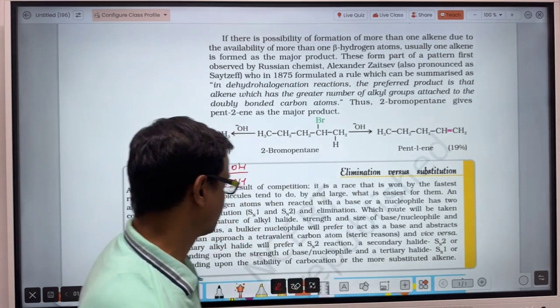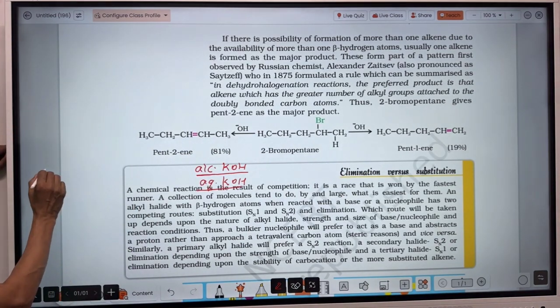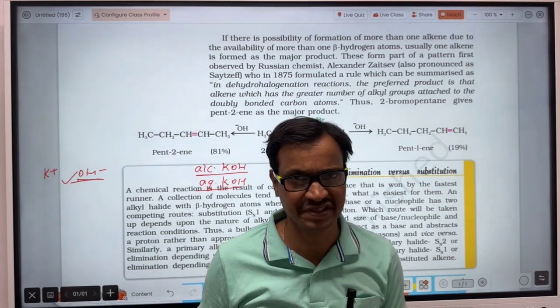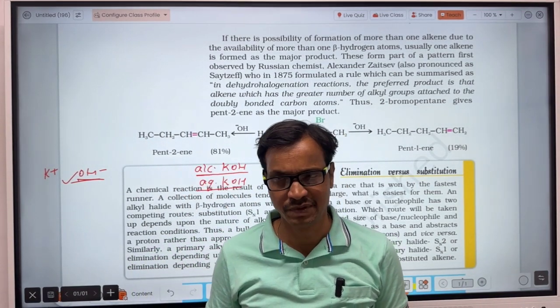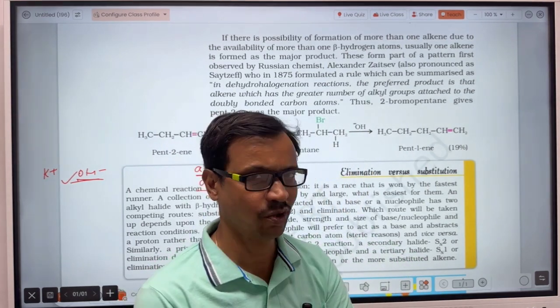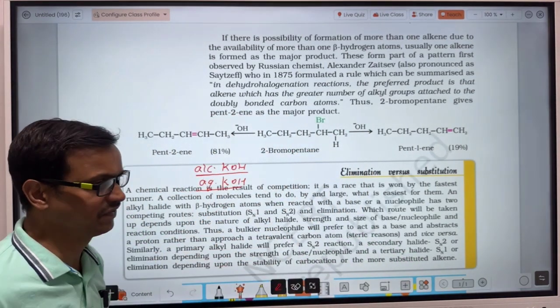Because in aqueous KOH, KOH dissociates into K plus and OH minus, and the nucleophile OH minus was in abundance, so OH minus replaced the halogen. So haloalkane treated with aqueous KOH forms alcohol, and haloalkane treated with alcoholic KOH forms alkene.